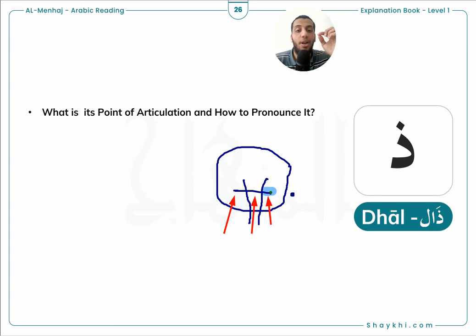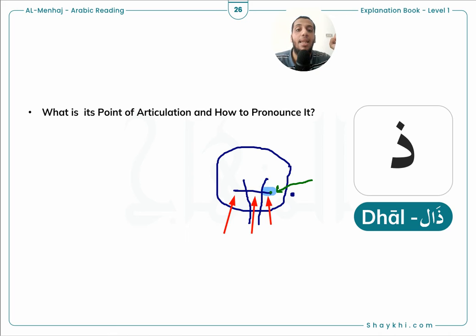So we pronounce letter Dhal by making the tip of the tongue touch the edge of the upper two front incisors. This is how we pronounce letter Dhal: the tip of the tongue touches the edge of the upper two front incisors.